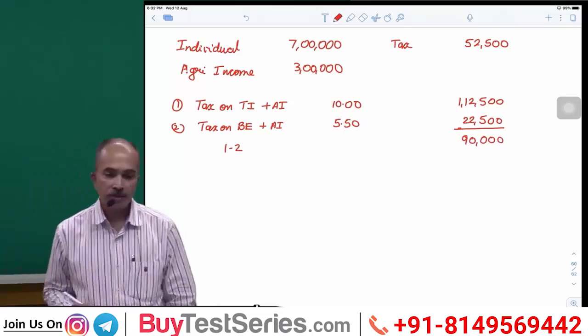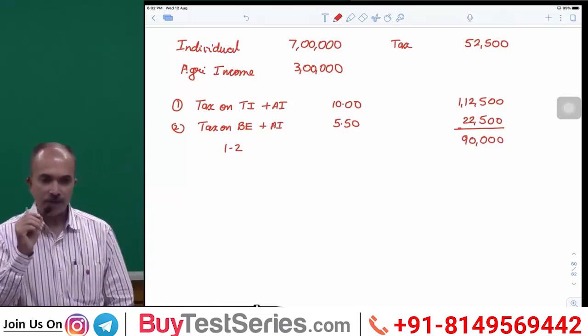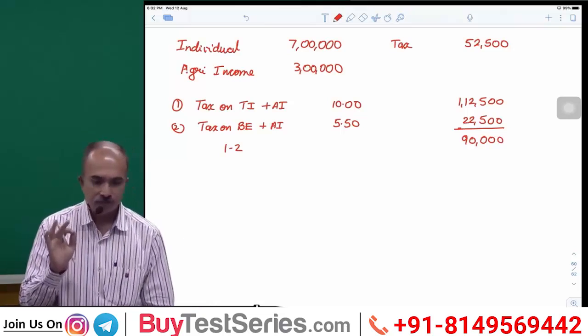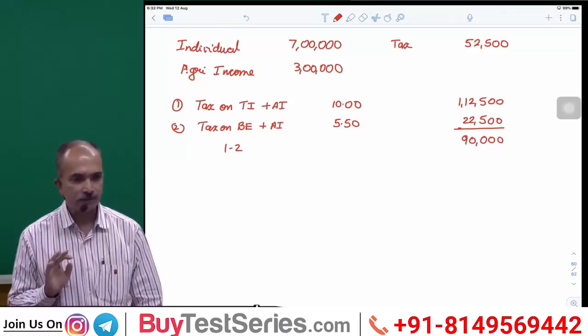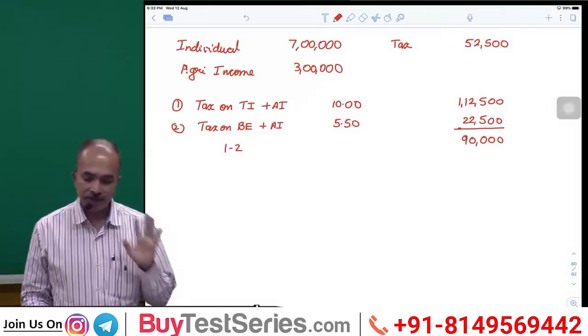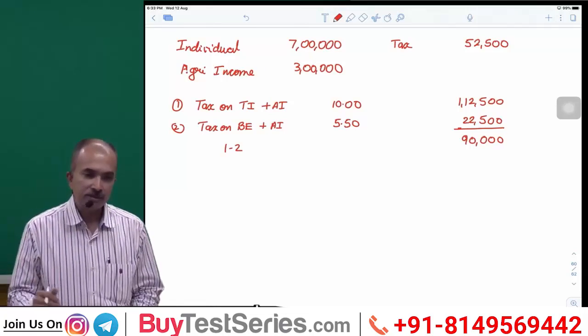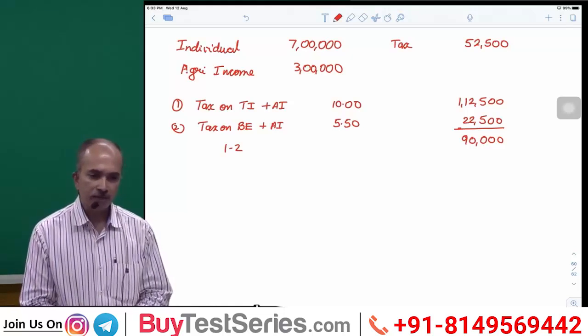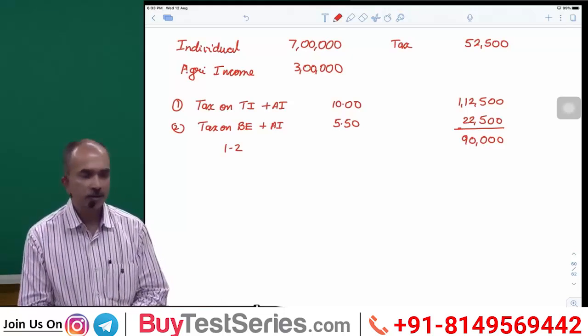So look at the main difference. If you had no agricultural income, taxable income was 7 lakh, 52,500 was your tax. Now, you have agricultural income of 3 lakh. Do you see you are paying something more? Something like 28,500 more you are paying compared to what you were paying earlier.